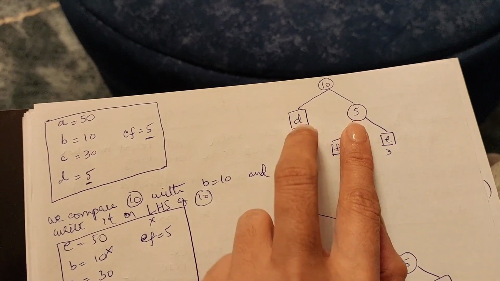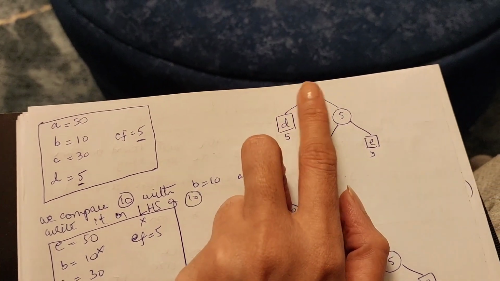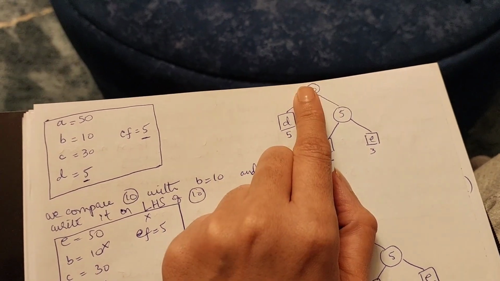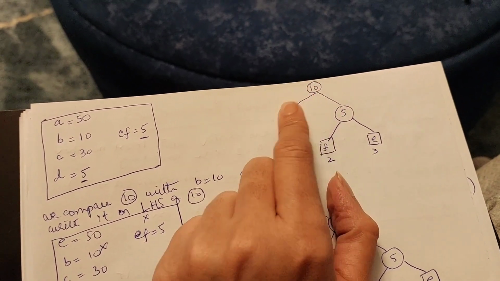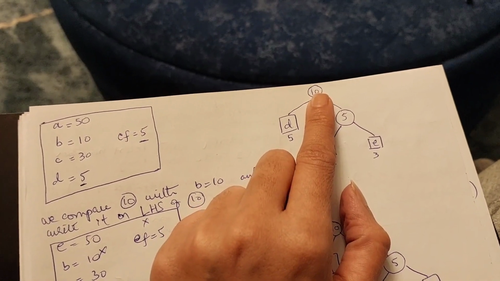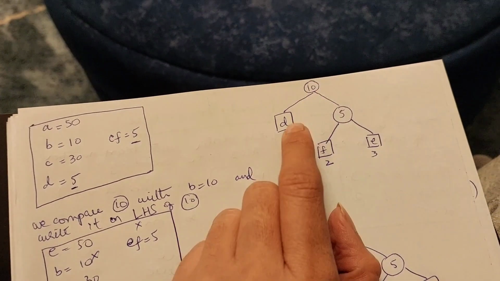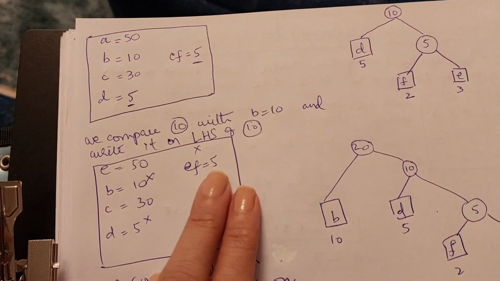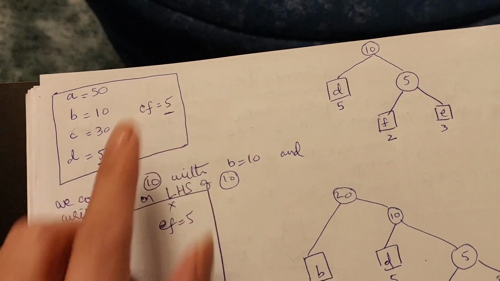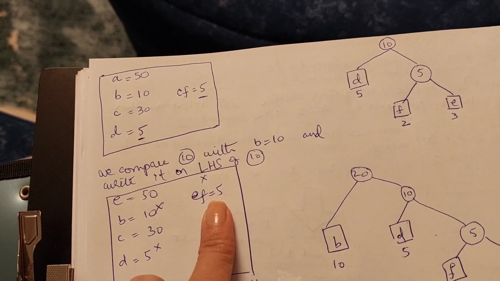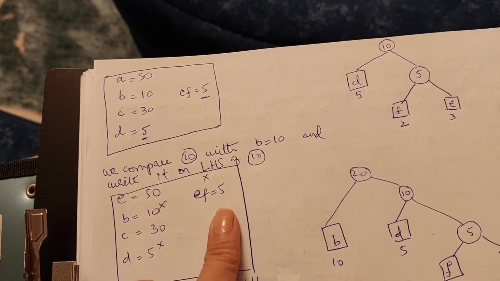Now if you join this 5 and this D together with two branches, what will be the sum? 5 plus 5 is 10. So I have joined these two together, and this is the top, and the top includes the sum of these two. Now from the data I can cut down this E and F, which is 5, and simply write down a value of 10.